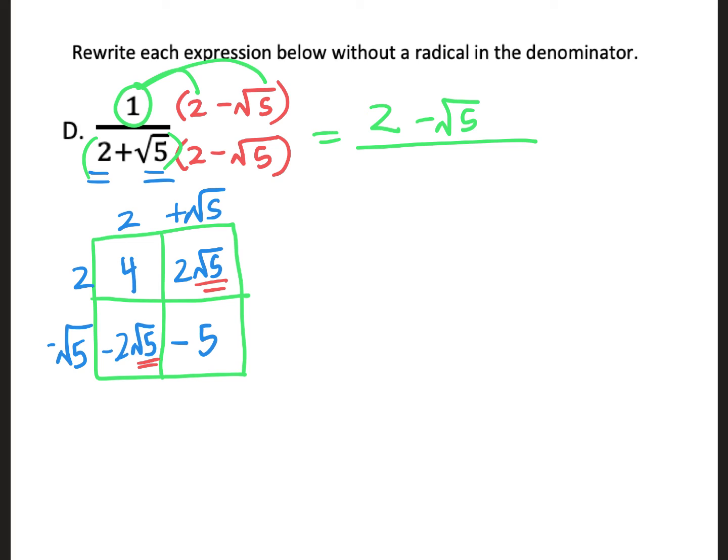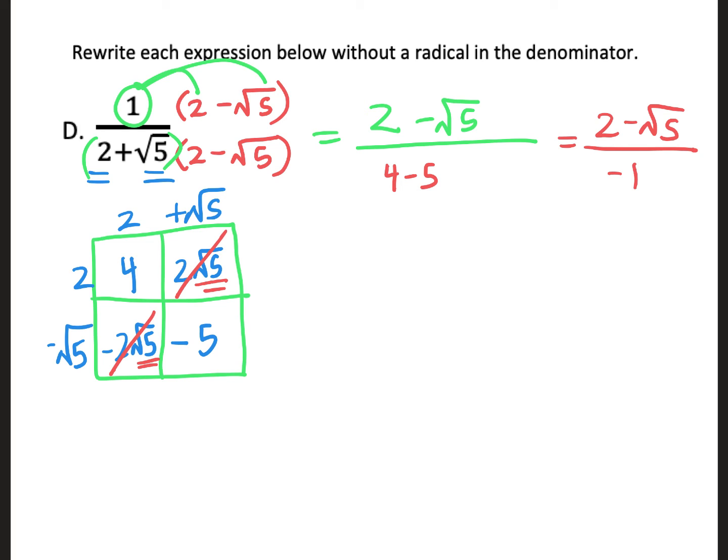They both have root 5, so we can combine them. You have a positive 2 minus 2, which means these are actually going to cancel each other out. And on the bottom, you're just left with 4 minus 5. If I simplify that a bit more, we would have 2 minus root 5, and then 4 minus 5 would give me a negative 1.